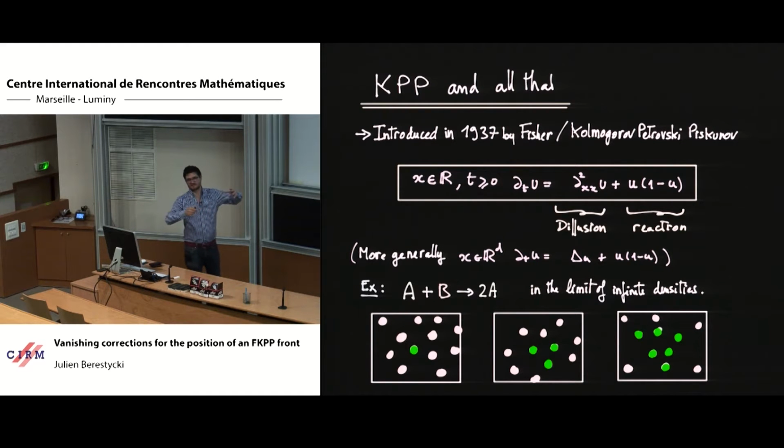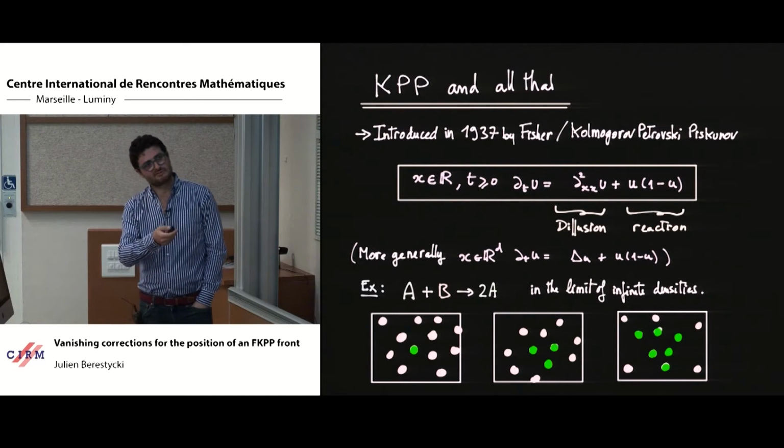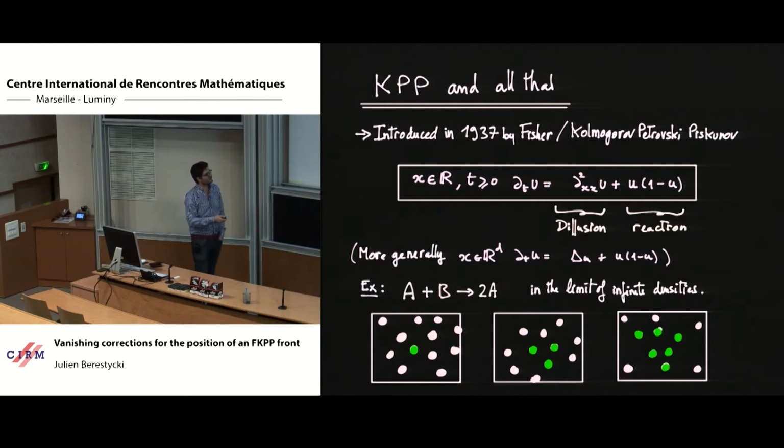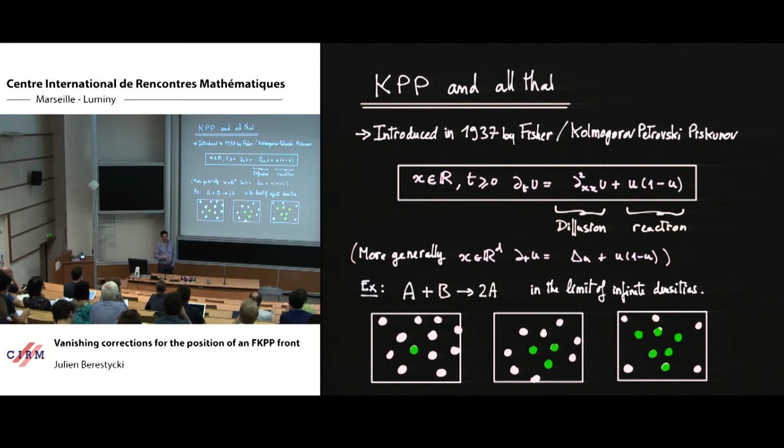cloud of green particles which is going to start to invade the whole plane, right? And if you take a scaling limit, in the limit of infinite densities, essentially the density of the green particles is going to satisfy such an equation. So that's why it's called a reaction diffusion equation. And of course, this applies to a chemical reaction, but you can also think of situations in ecology, where the green particles are an invasive species which is invading some biotope, for instance.